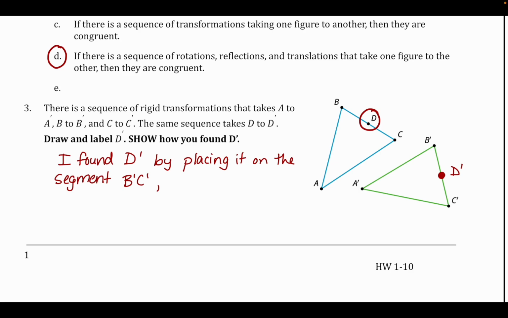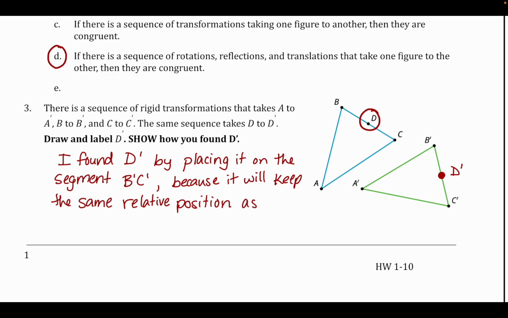So we're going to say I found it by placing it on the segment B prime C prime, because it will keep the same relative position as D has to B and C. Hopefully that makes sense.